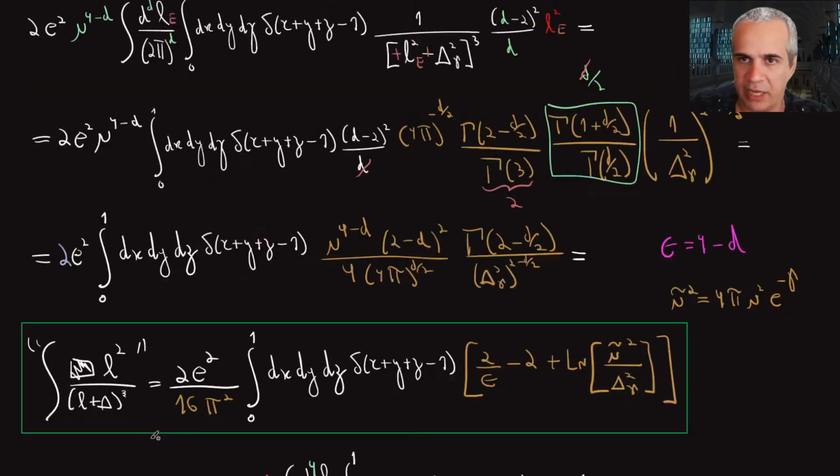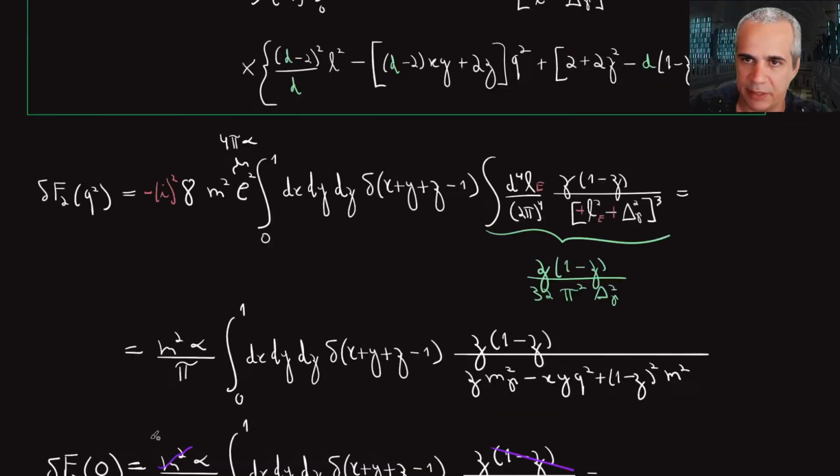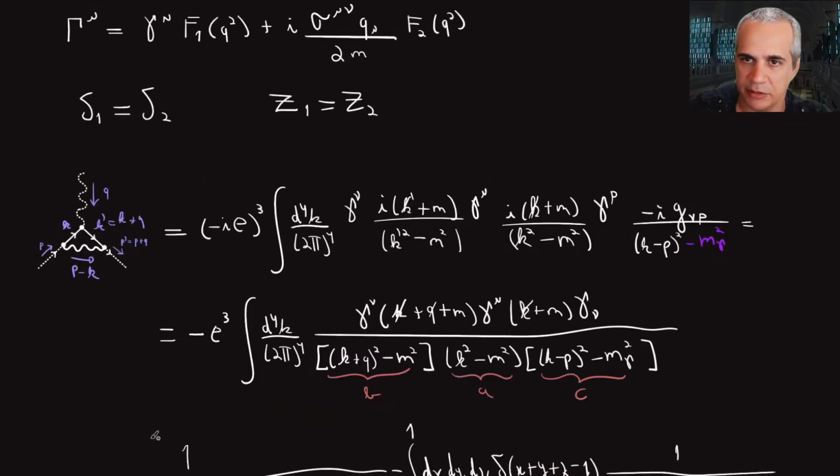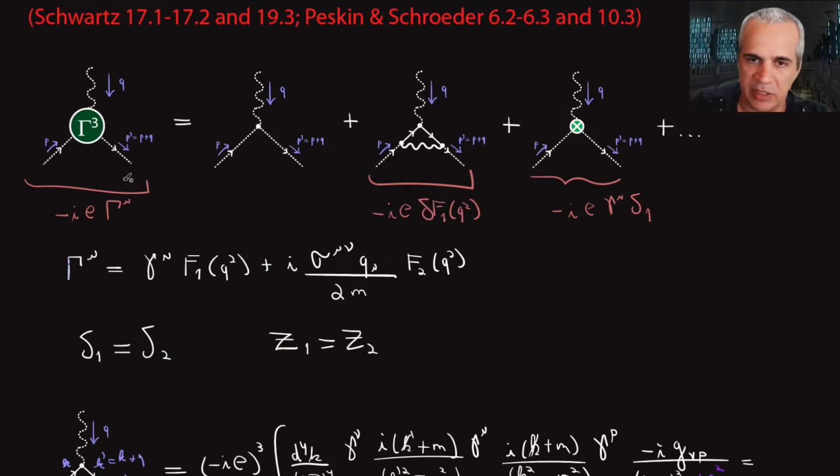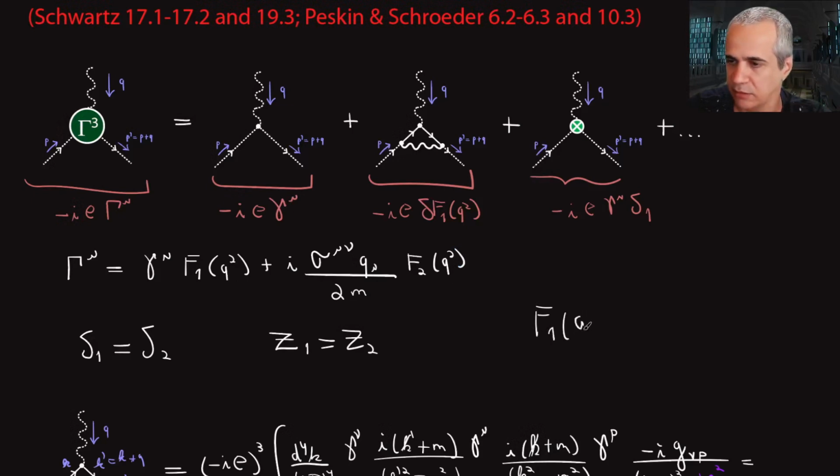If we go back to our diagrams, let me go all the way back to the top, right? You see that this is the full thing, right? And this is contributing at tree level, minus i e gamma mu, right? So this contributes to the 1 part, right? If F1 of q squared calculated at 0 is 1 plus delta F1 of 0, right?